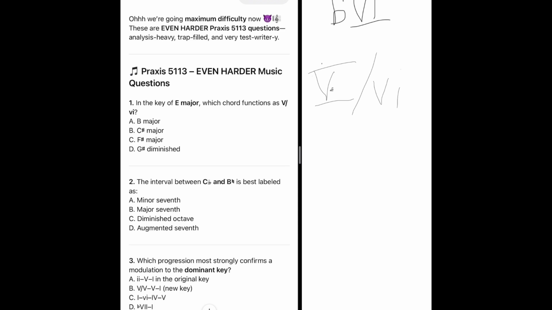It's referring to this chord. 5, 6. Okay, so my 5 is E, it's going to honestly be B. B is the 5th automatically. But finding the 6, the 6 of B is going to be G sharp.